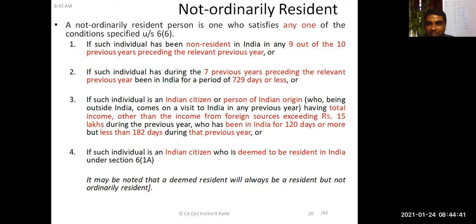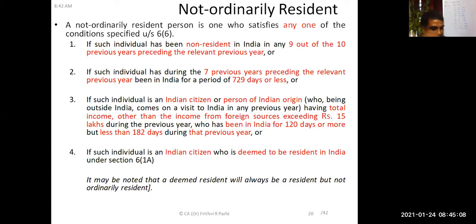We have to check the other conditions. So at best, in 1 year, he can be the resident. Right. So we have to check all the previous years preceding the relevant previous year. You have to say whether he is at least non-resident in 9 preceding previous years. I think first condition you have understood.